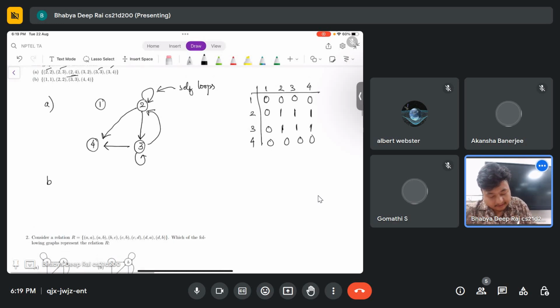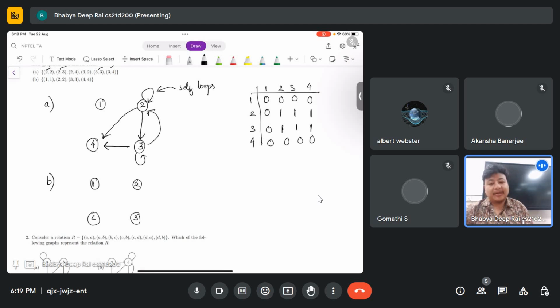I hope everyone is fine so far. The second part B is actually even simpler, because you just have 1 1, 2 2, 3 3, 4 4. So the graph becomes quite interesting in this case. 1, 2, 3, 4.